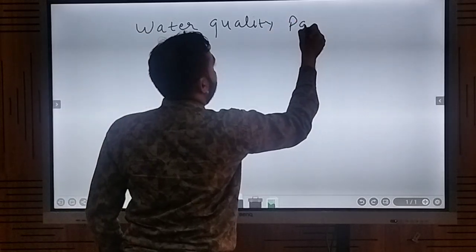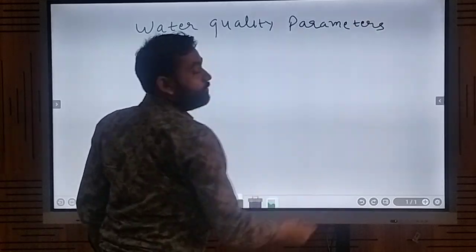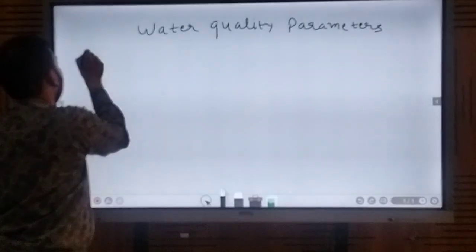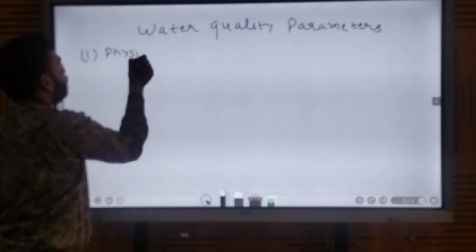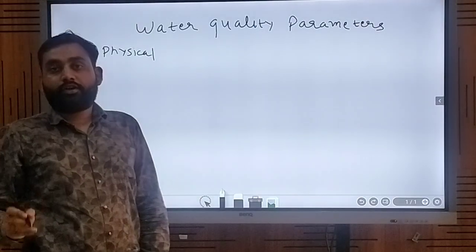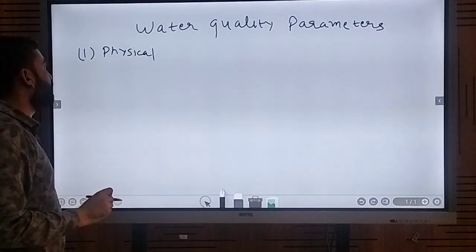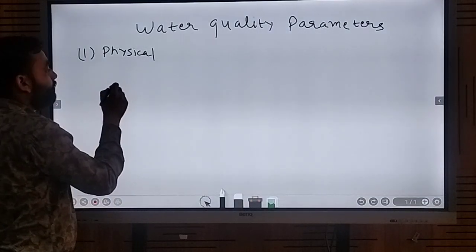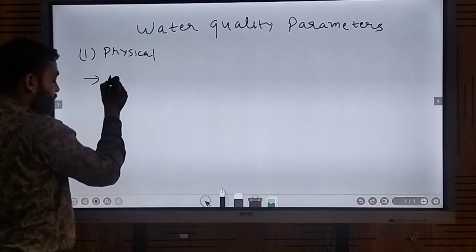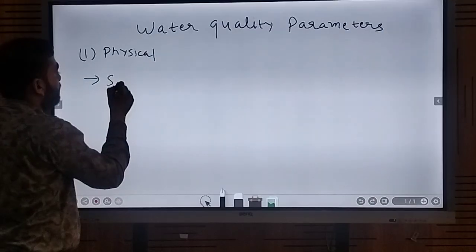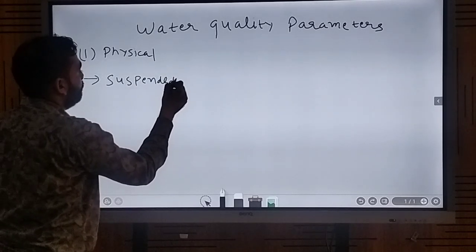Water quality parameters. First one, physical. Physical water quality parameters are those which can be felt, touched, sensed, seen. So in physical water quality parameters, some examples: first example is suspended solid.